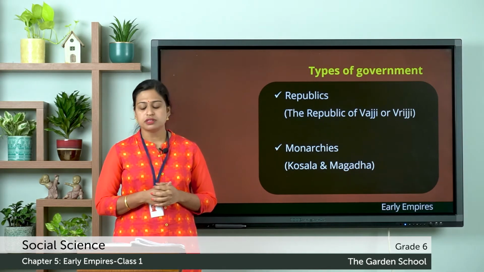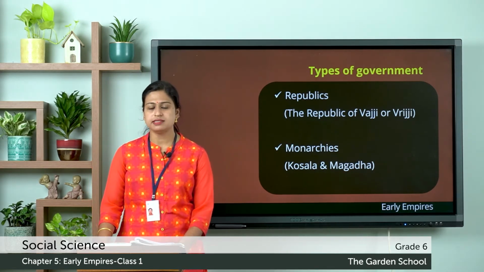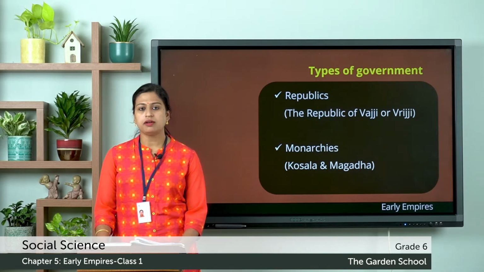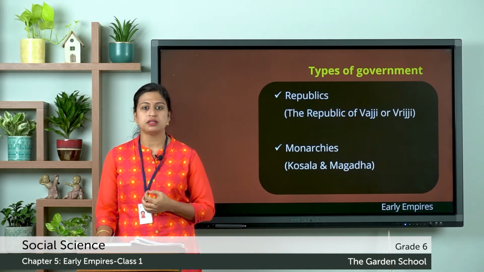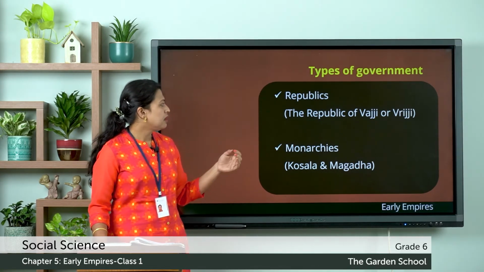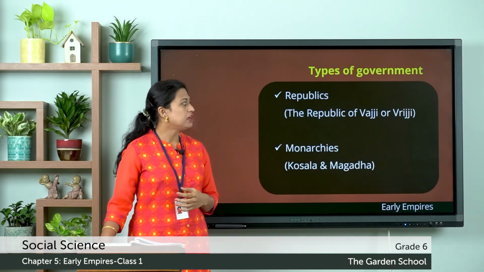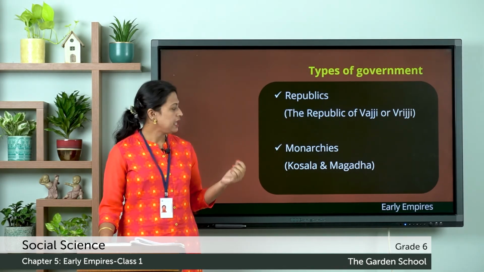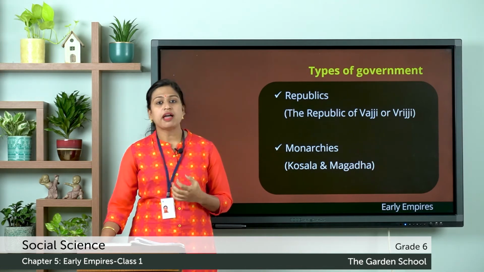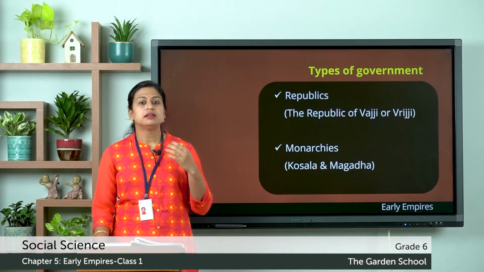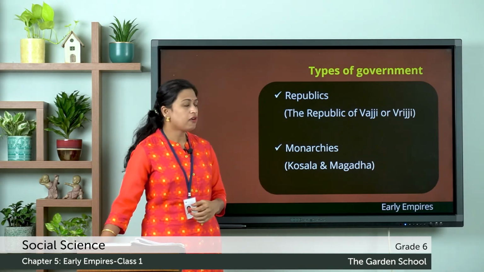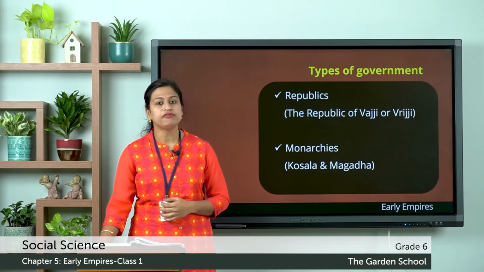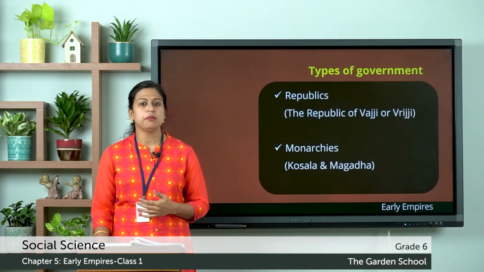Some of the Mahajanapadas were republics, also known as Gana Sanghas, which were ruled by a group of people or a council. Some examples are the Republic of Vaji or Vriji. The next is the monarchy form of government, where the kingdom was ruled by a king, for example, the kingdom of Kosala and the kingdom of Magadha. We will be discussing them one by one.